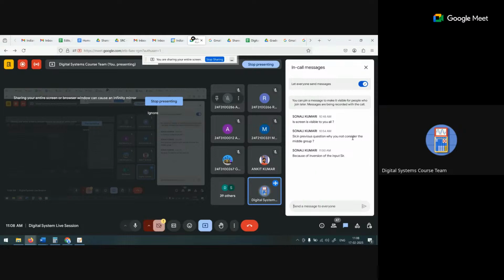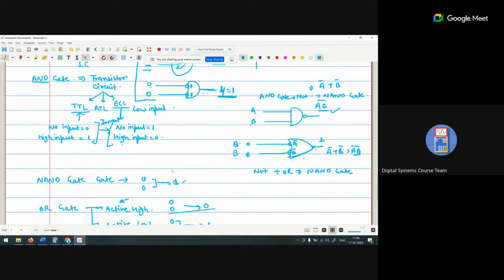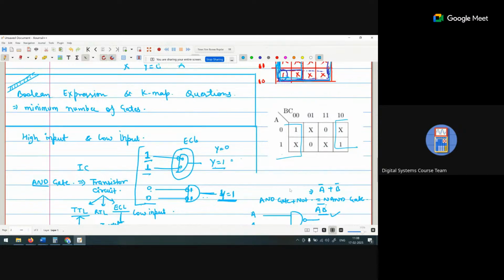Sir, in the previous question, why not consider which previous question? So this last one. This one. Yes, sir. Which is the intermediate group? If we are talking about the intermediate group, this one. Yes, sir. So it is a 0, na? It is a 0. So if it is a 0, we can't create a group of that one.